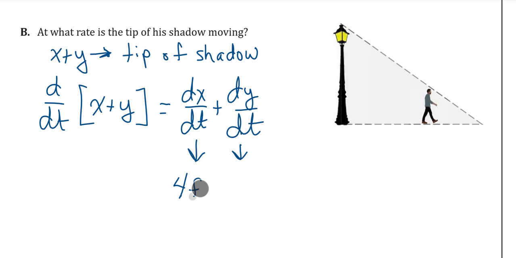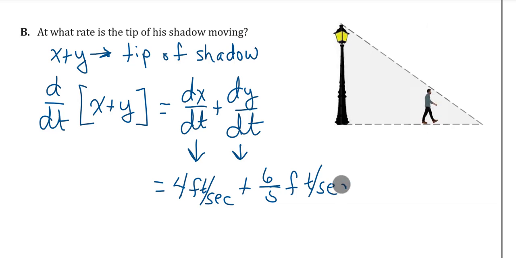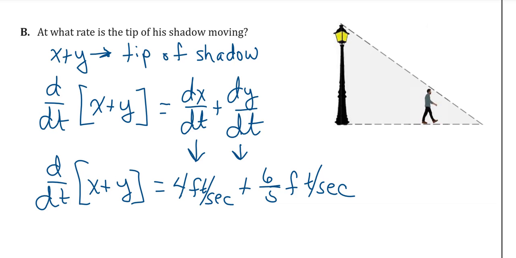So this is the 4 feet per second. And dy/dt we just found is the rate of change of his shadow. So together they're going to give us the derivative with respect to time of the tip of the shadow.